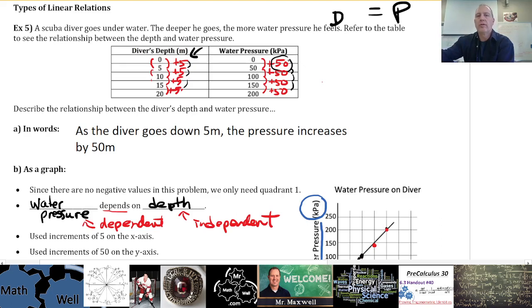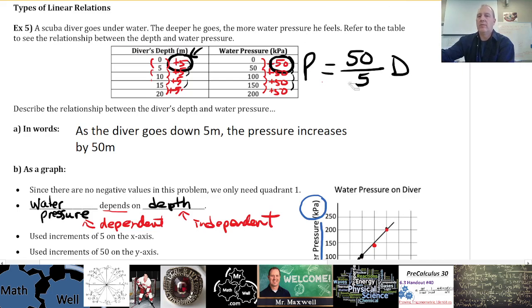What you could do is go this constant change of 50 divided by this constant change of 5 is multiplied by the depth, and that equals p. All right? So look at this. That's given the constant change on y up here and the constant change on x down here.